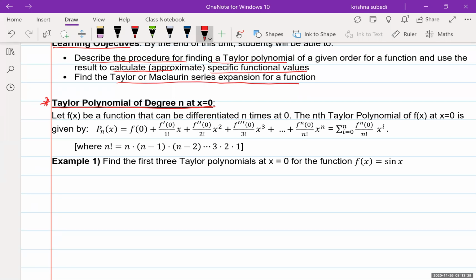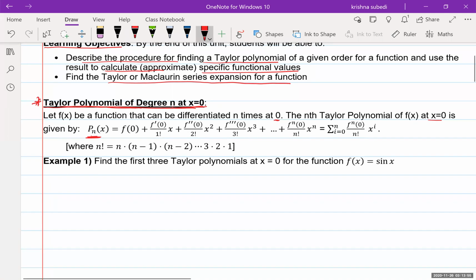So the Taylor polynomial definition is here. Let f of x be a function that can be differentiated n times at 0. The nth Taylor polynomial of f of x at x equal to 0 is given by this P_n(x). This is the representation for a polynomial of degree n, okay?